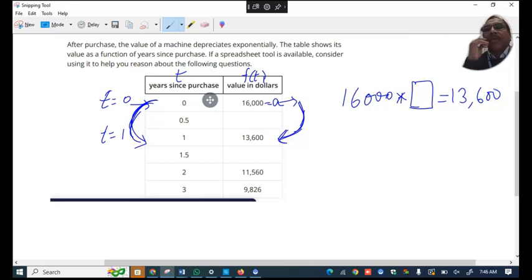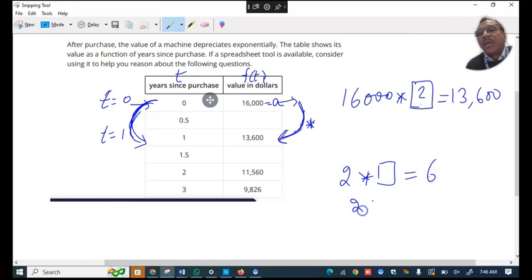And for this, if you don't know, the only way is using the calculator. But before that, in order to figure out this b, we need to know what multiplies here. So if I ask you a question, what multiplies to get to 6? We use our common sense, and the answer is 2 times 3 is 6.